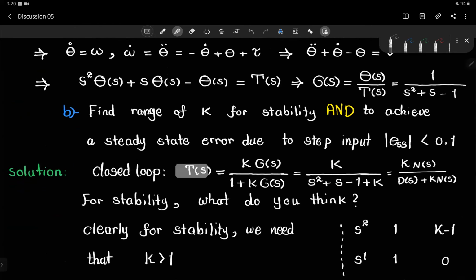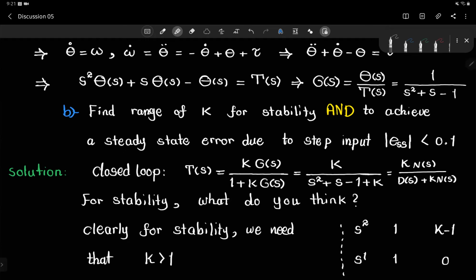For stability, what do you think we should do? What's the tool that we use to assess stability? Routh Hurwitz criterion. Yeah, exactly.